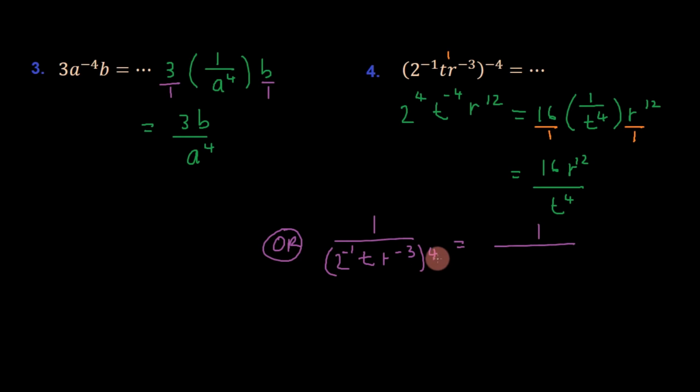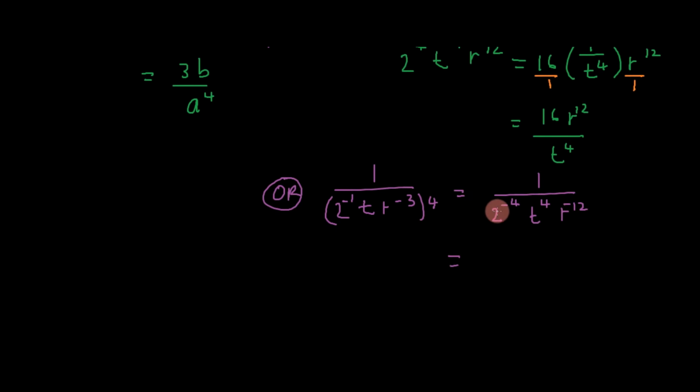Now we can use law 3 and apply the power of 4 inside the brackets in the denominator. So negative 1 times 4 is negative 4. T to the 4, r to the 12th, or rather to the negative 12.